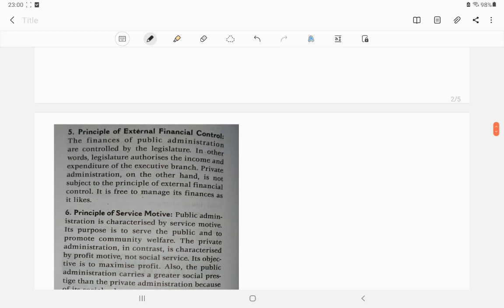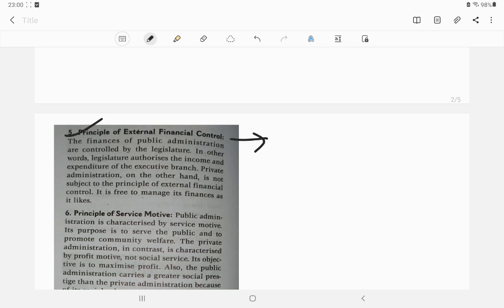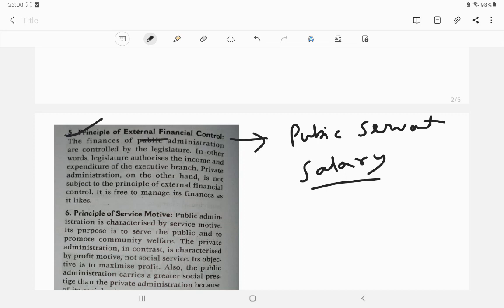Next, the principle of external financial control. Public administration, that is public servants, get their salary from money that is sanctioned. That is external financial control. For example, in Nagaland, the Nagaland legislature sanctions the money.